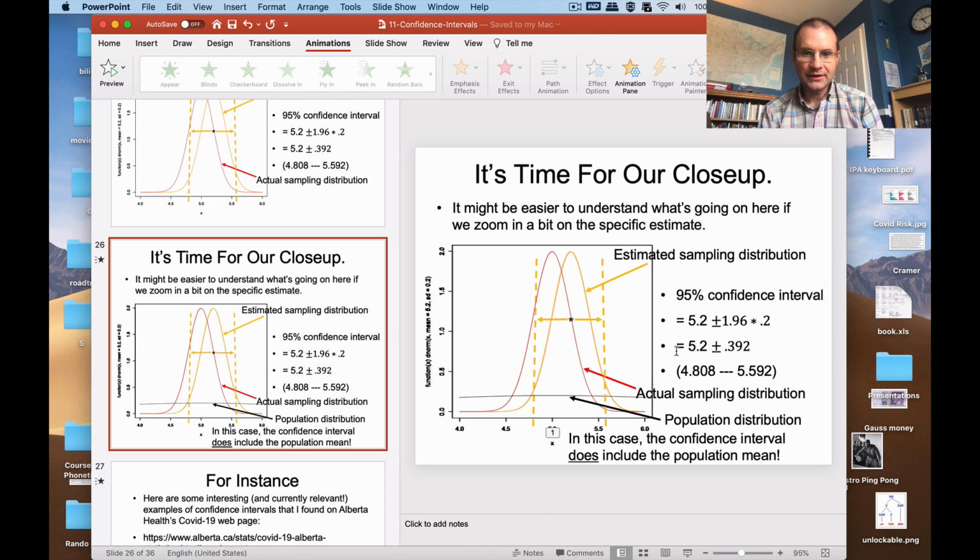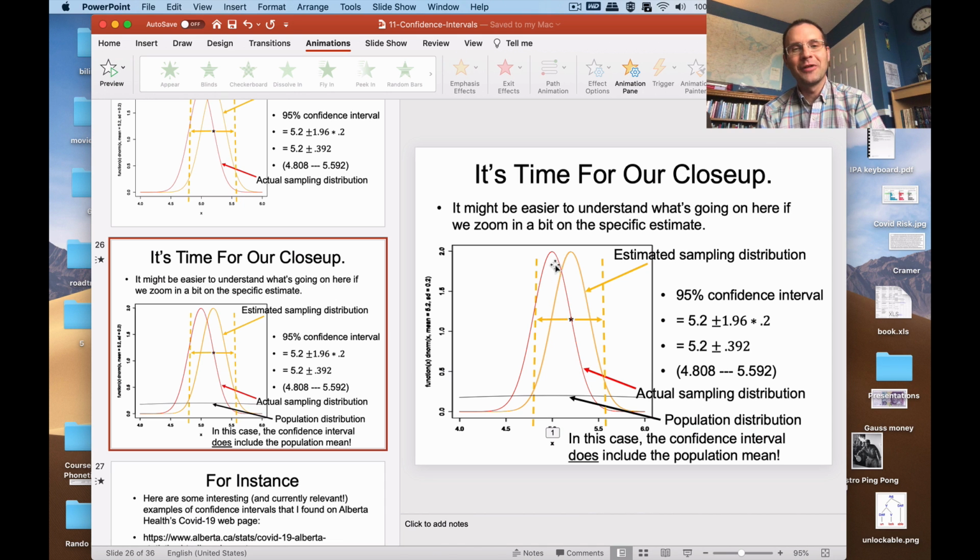When we took a theoretical sample from that population distribution, the mean of that sample was 5.2. So our actual confidence interval is shifted a little to the right on this graph from where we know, from our God's eye view, the population mean is. It's between the values of 4.8 and 5.6.